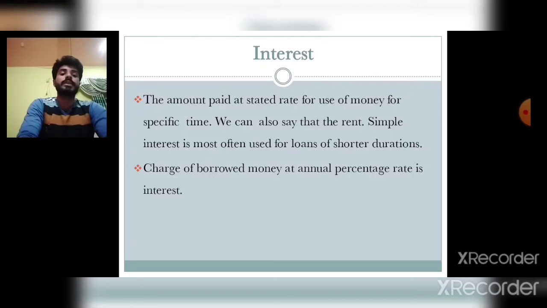Second definition: a charge on borrowed money at an annual percentage rate is interest. In simple words, it is an extra amount paid on borrowed or received money in a specific time period. So this is called interest.